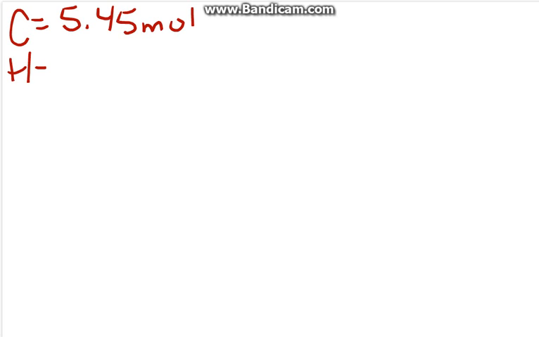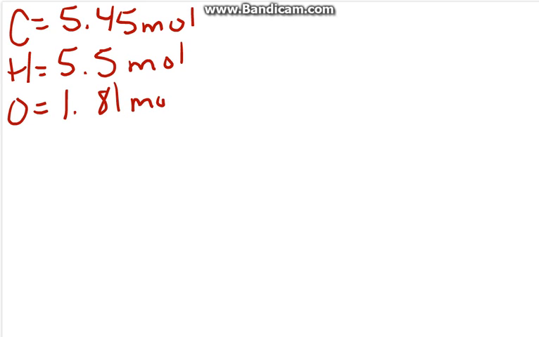I know that hydrogen was 5.5 moles. And oxygen was 1.81 moles. Now, which one of those is smallest? I'm hoping that you're saying this. So go ahead and divide all three of those numbers by your oxygen.